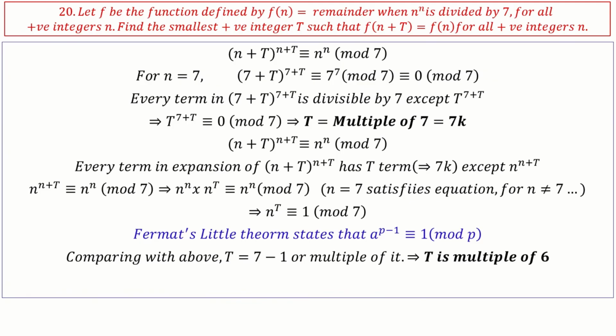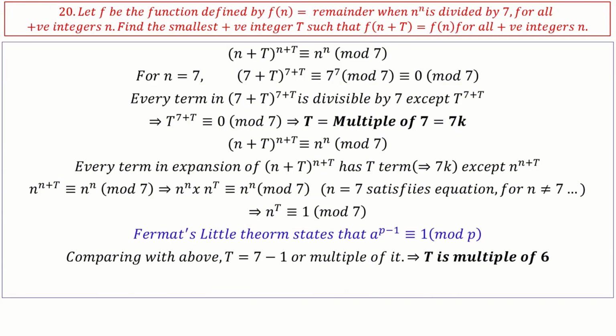Now if I compare with the above one, it is very simple. t is equal to 7 minus 1, correct? Then t equals 7 minus 1 or a multiple of it. Because p is 7, t should be in the form of p minus 1, so t should be a multiple of 6. So now I have two conditions for t.